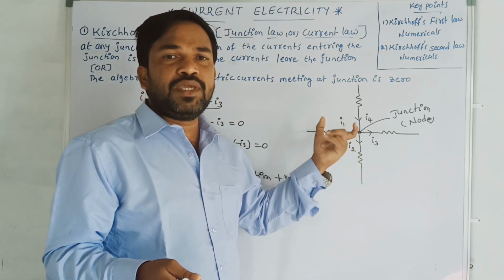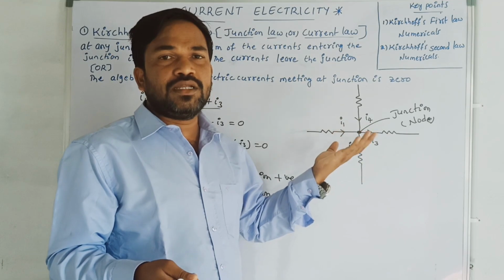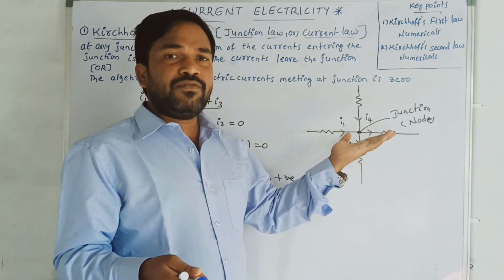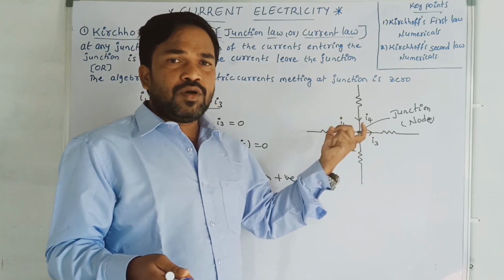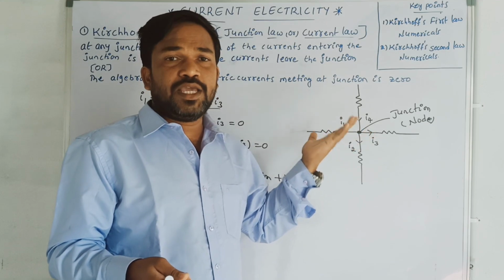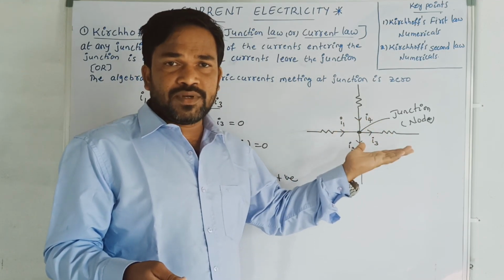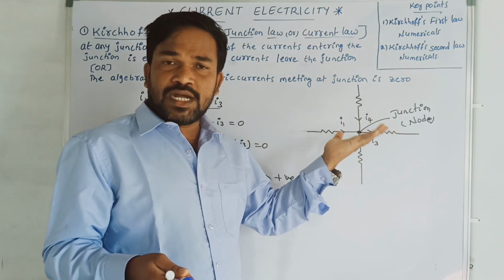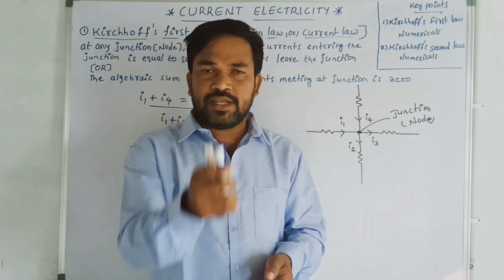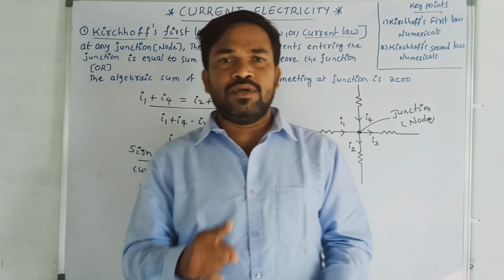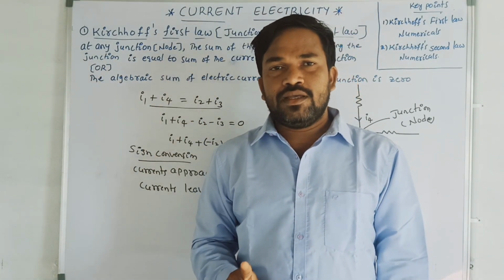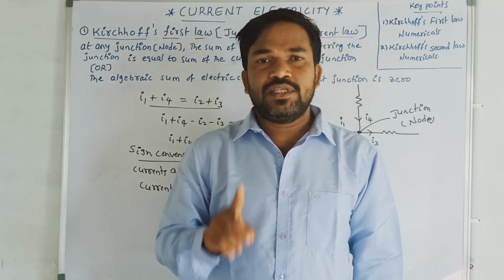Charge is conserved. When charge is conserved, that is known as the law of conservation of charge. Therefore, a very important point: Kirchhoff's first law is based on the law of conservation of charge.